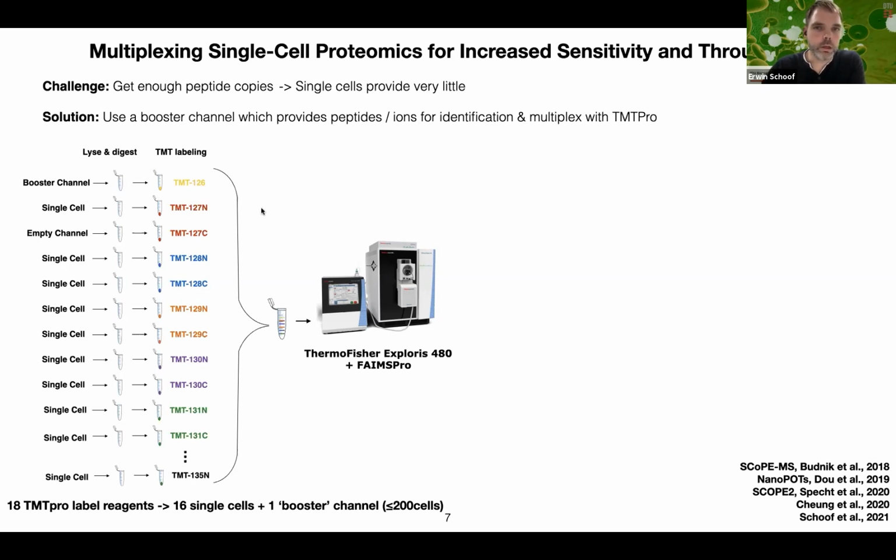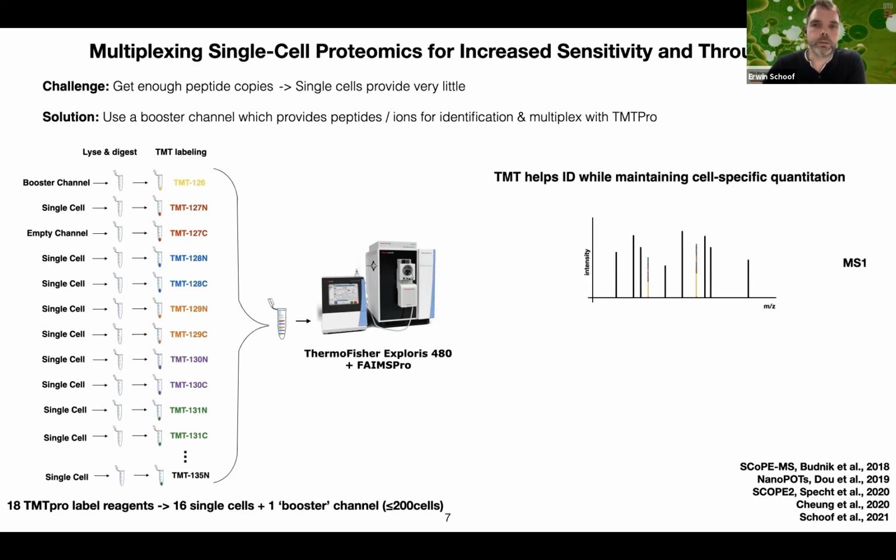You've already heard a lot about TMT Pro from Takira, so I don't need to go into too much detail, but I just wanted to stress that we label all these single cells with unique tags. We label the booster channel with unique tags. Because of the isobaric nature of this labeling technique, the intensity at the MS1 level gets summed into one more intense peak consisting of all these single cells plus booster.